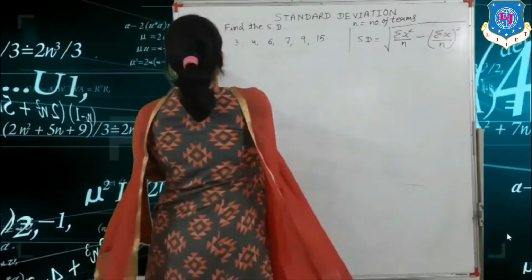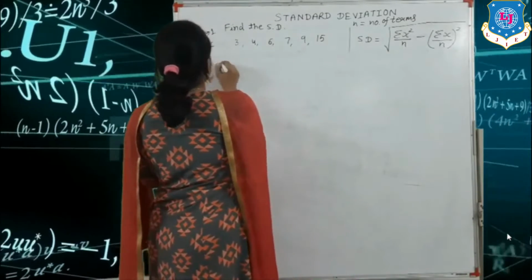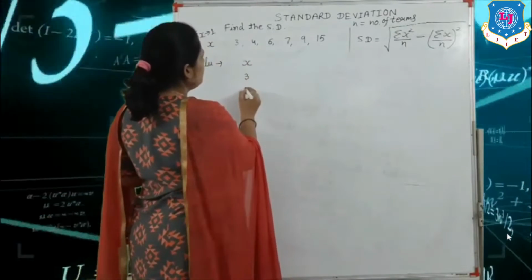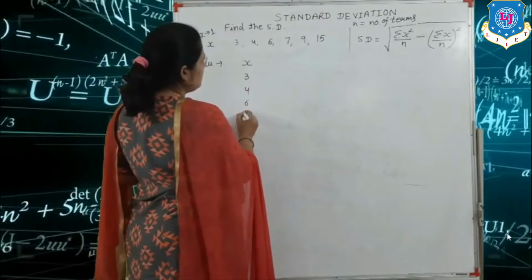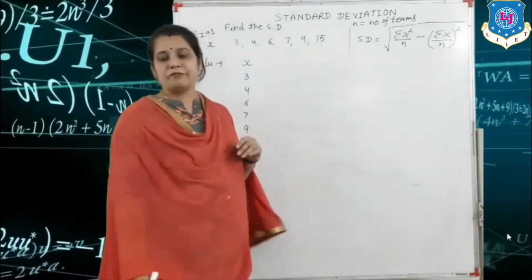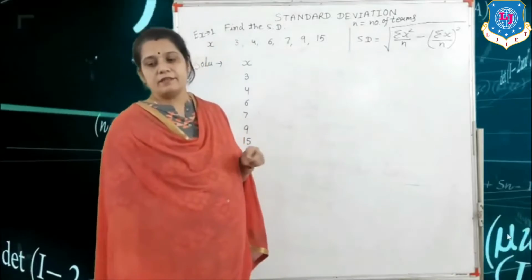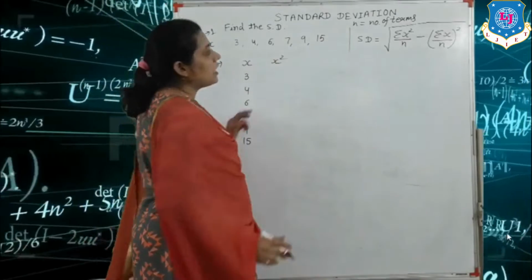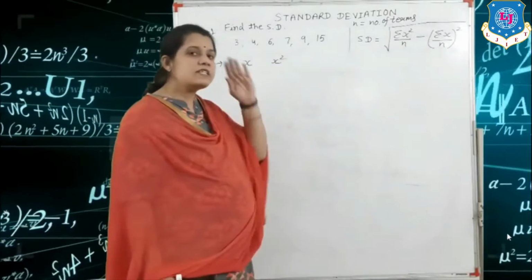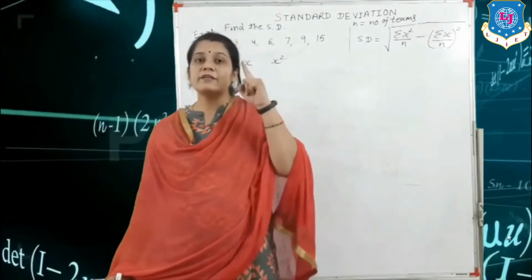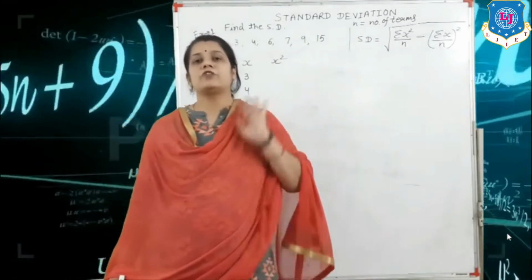So the solution is: the value of x is 3, 4, 6, 7, 9 and 15. We map the column of the x square according to our formula. Always keep in mind, if you solve any question, first you write the formula according to your question.